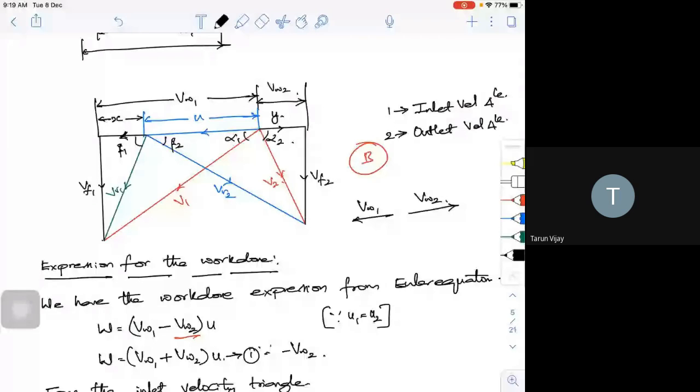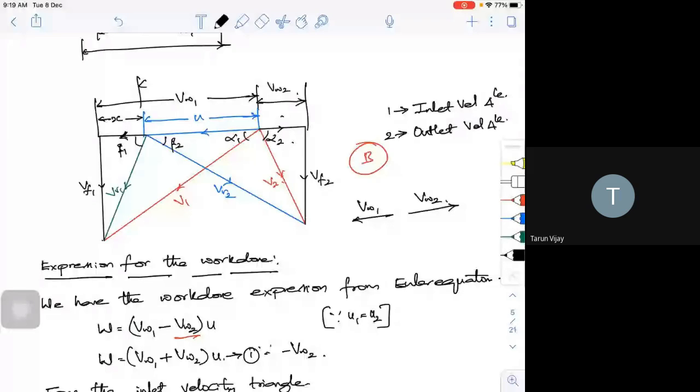If I call this Y, what is this Y actually? It is VW2 plus U. So cos beta 2 is equal to VW2 plus U divided by VR2, or VW2 is equal to VR2 cos beta 2 minus U.